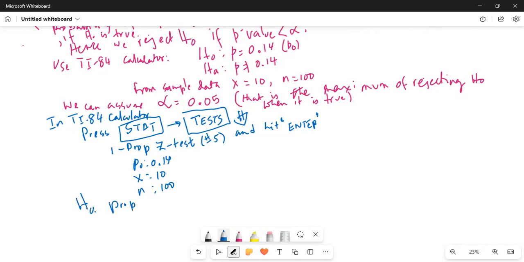Remember, this is the alternate in the fourth line: proportion not equal to p0. Put your cursor on the first option, not equal to p0, because I've already told the calculator that p0 is 0.14. And then you put your cursor on Calculate and hit enter.